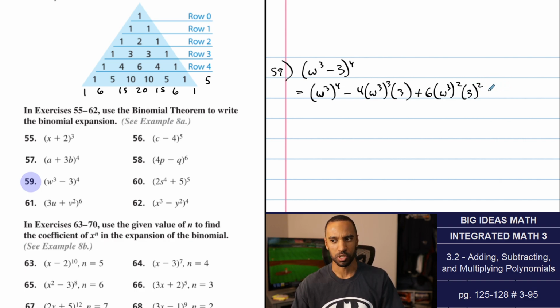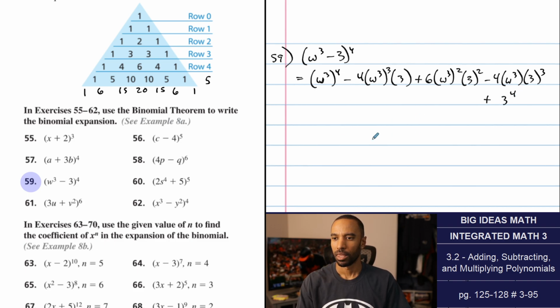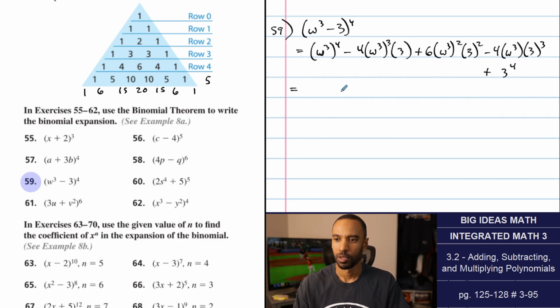From here on out, I should really just be squaring that number. Let's do that on the next problem. Minus 4 times w cubed to the first times 3 cubed plus 3 to the fourth. Okay. 4 choose 0, 4 choose 1, 4 choose... All right, this is w to the 12th minus 4 times 3 is 12.